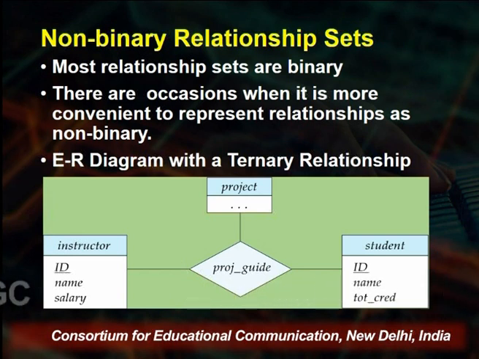Here you can see it is a non binary relationship set, a ternary relationship set. So the degree of the relationship is 3, while in the earlier example with only instructor and student, the relationship is a binary relationship.